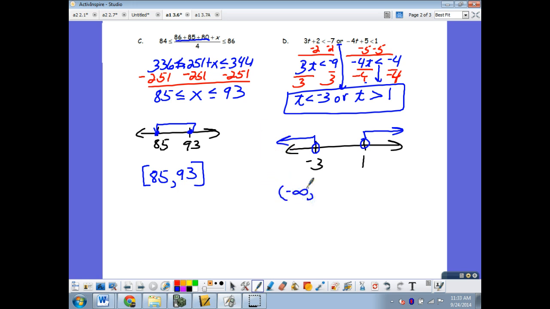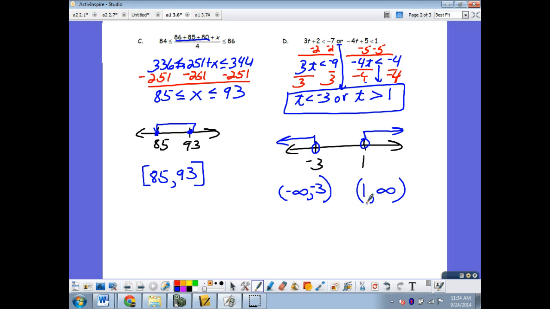And then it stops at, oh sorry, it stops at -3. And since there's an open circle there, it is not included, so we put a parenthesis around the 3. Then it takes a little break, and then it picks up again at 1, and then continues on to the right to infinity. And since 1 is not included, we put a parenthesis around the 1.